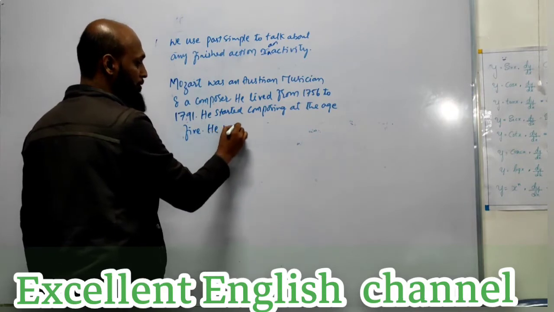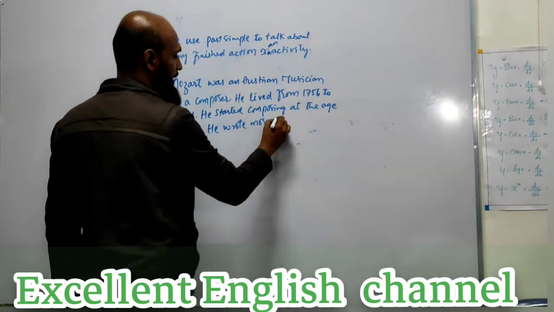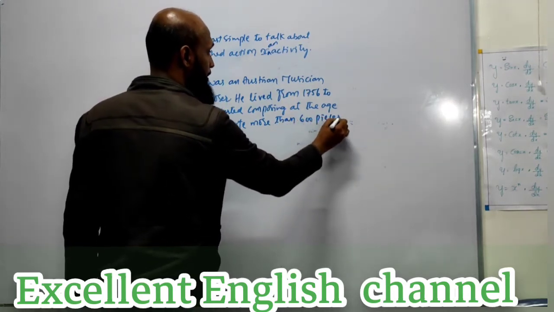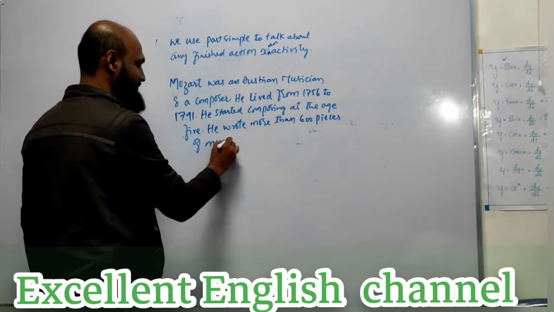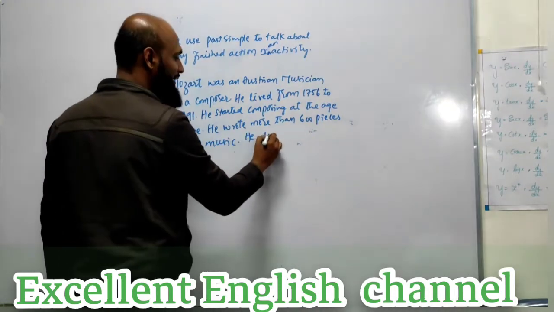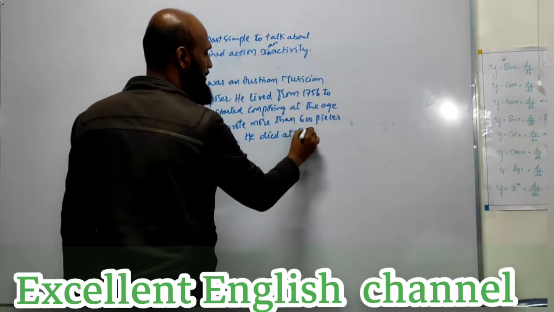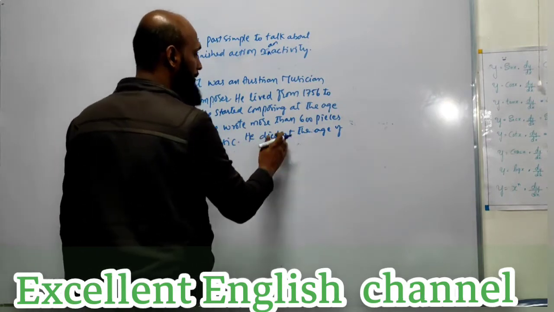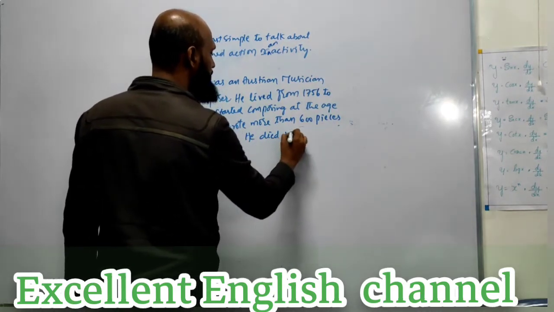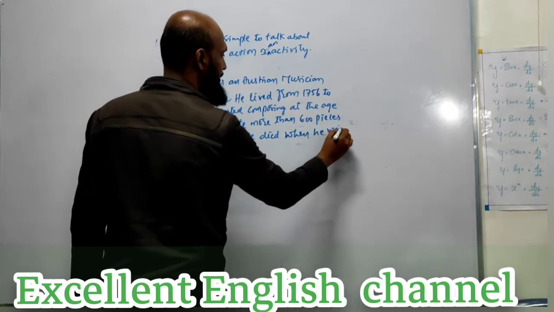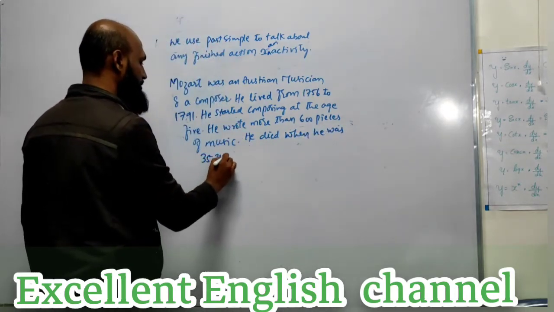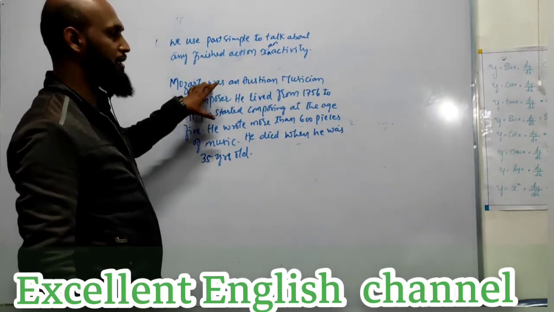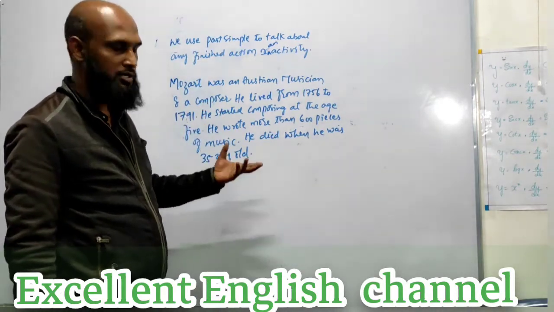He wrote more than 600 pieces of music. He died at the age of, he died when he was 35 years old. Alright, now let's look at this situation and try to analyze and understand this.